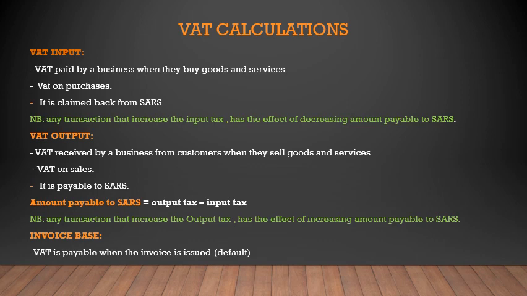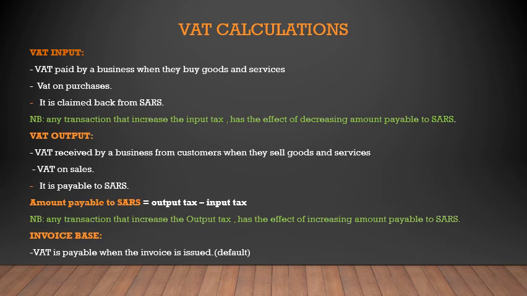Let me reiterate from the beginning that a business is not allowed to benefit from the collection of VAT. It is also not allowed to suffer a loss from the collection of VAT. It is merely an agent for the government. So everything that is collected must be paid to SARS.